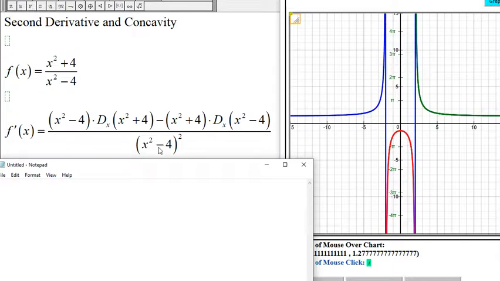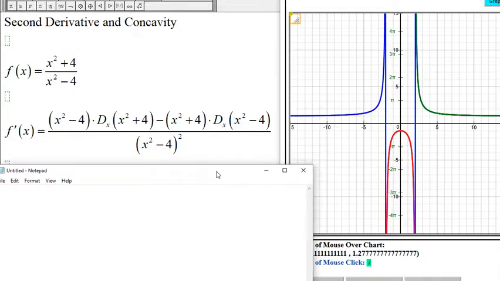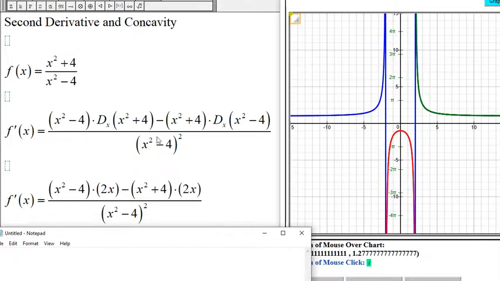So this is the quotient rule. The derivative of x squared is 2x, the derivative of 4 is 0, so this part gets 2x. And the derivative of x squared minus 4 is also 2x.